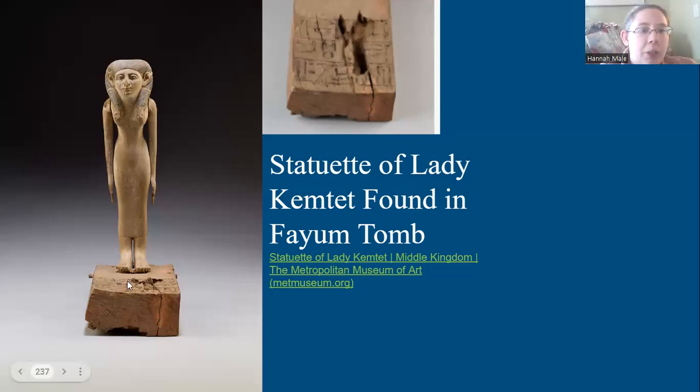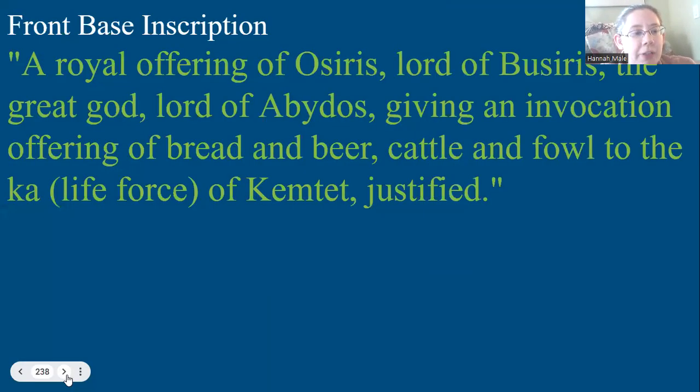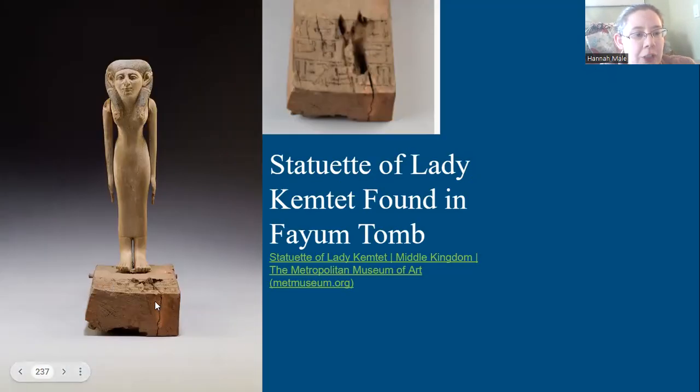So we have her name and a particular funerary phrase that we see versions of back, I think, in the Old Kingdom. But this tells us who she is. So you can see it here, but then I just zoomed in on it here. So the translation of these hieroglyphs here, which you can see more clearly here.